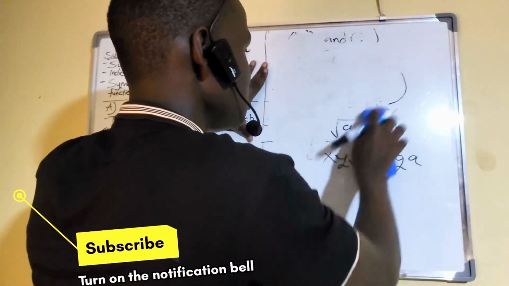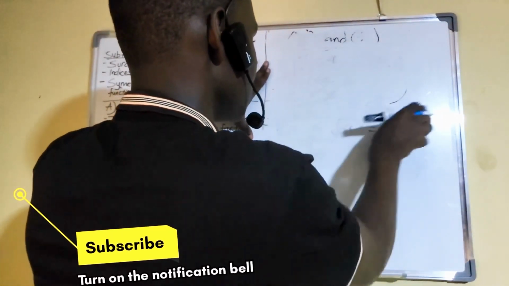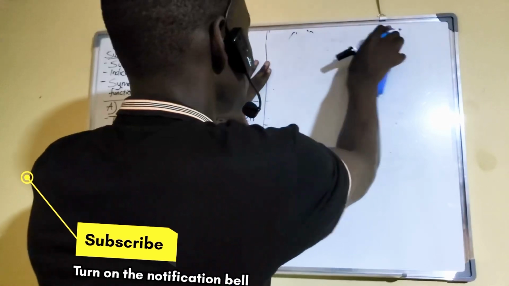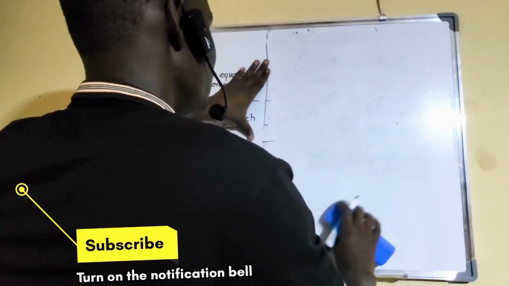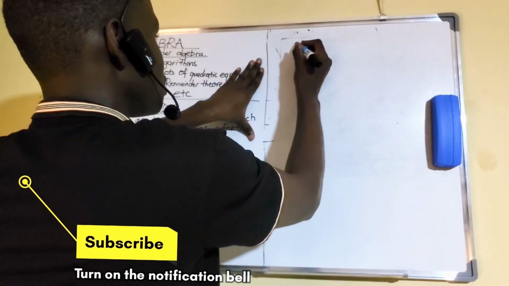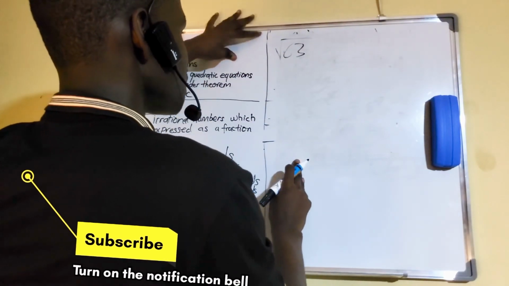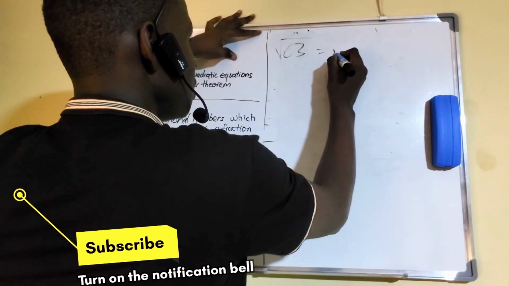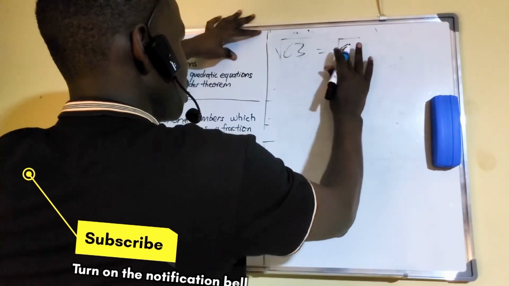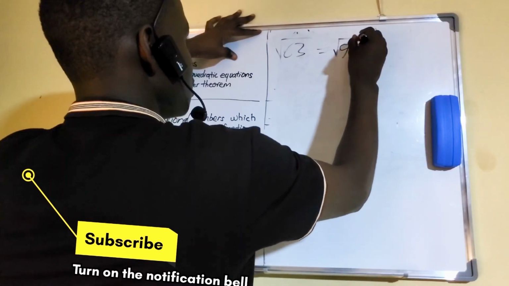Now simplifying, it's just combining the rules. I might think about some examples here. If we are told to simplify maybe a surd like root 63, okay, now 63 can be written as root of 9 times 7.